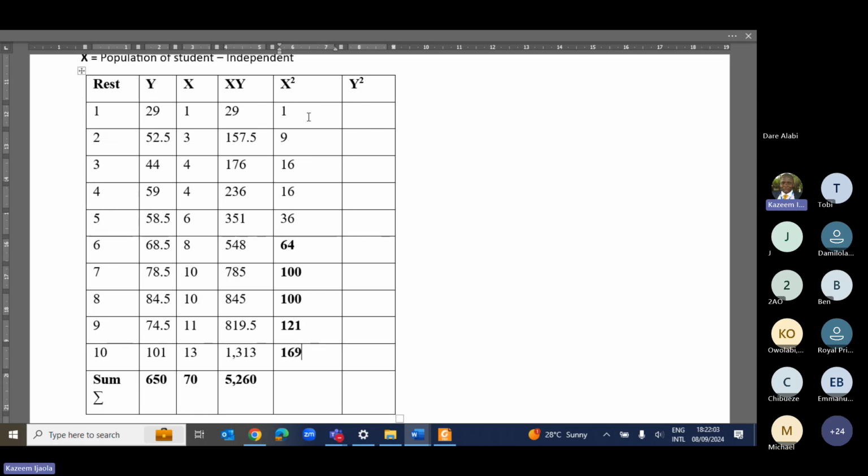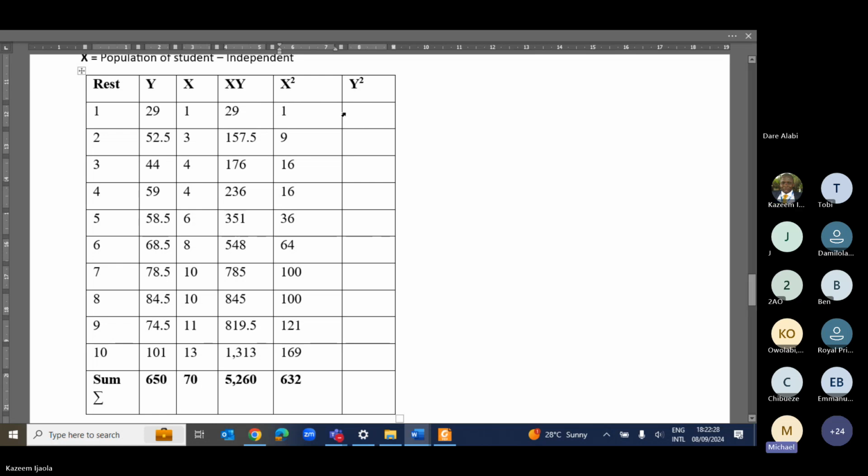So what's the summation of all? 1 plus 9 plus 16 plus 16 plus 36 plus 64 plus 100 plus 100 plus 121 plus 169 is 632.